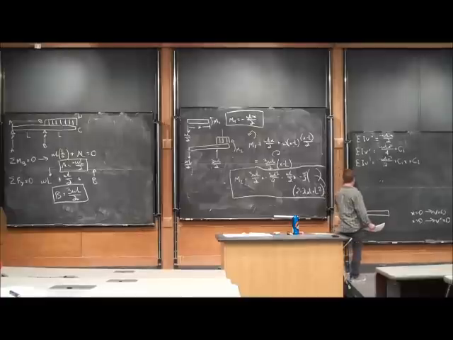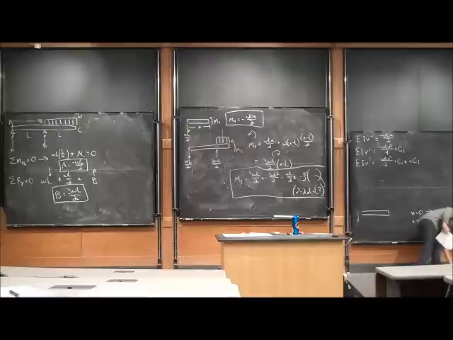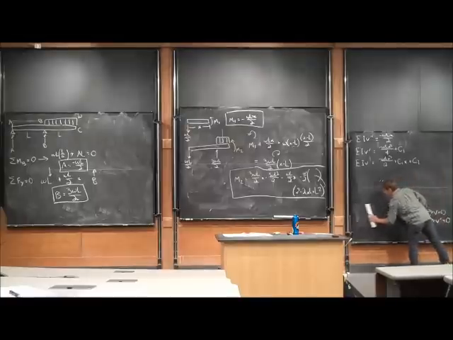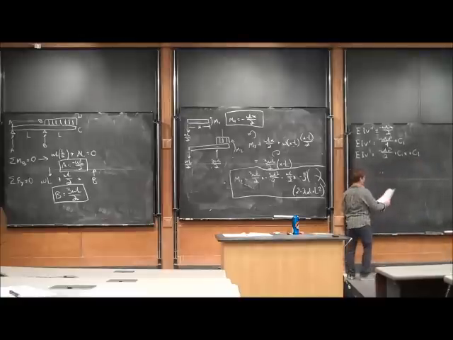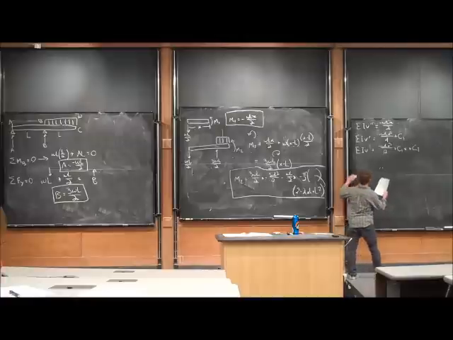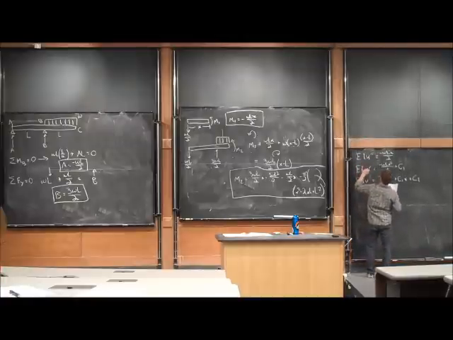So we can do the same thing with our second moment equation to find the deflection of the second portion of the beam. This one I'm going to call the first equation, V1.